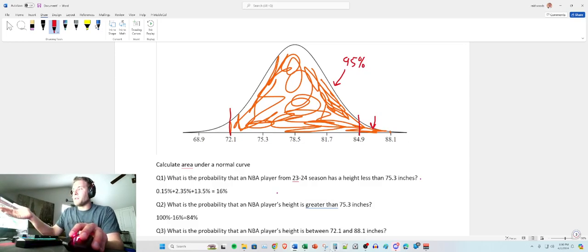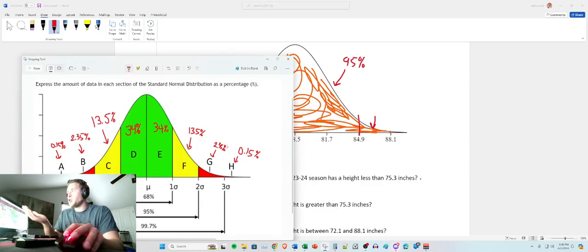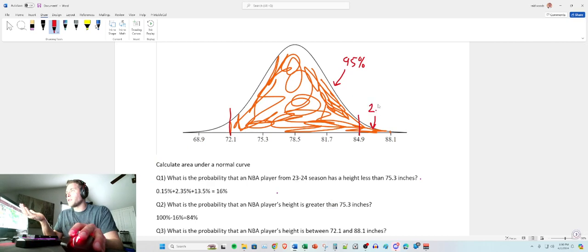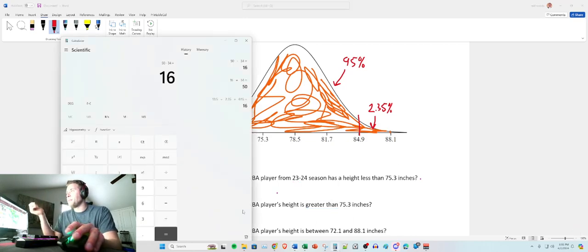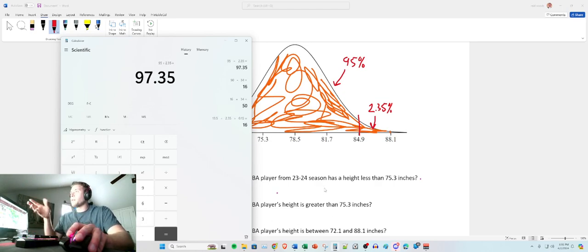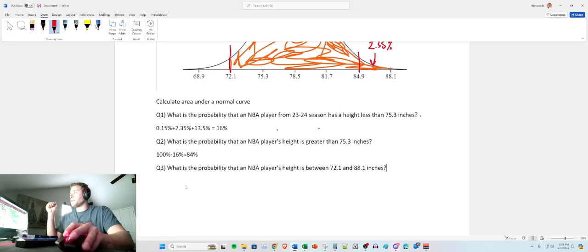Then what's left over, if we just go to the empirical rule, is the 2.35% there. So if you already thought through that, you did a really good job. It's 95 plus 2.35. So that's 97.35%.